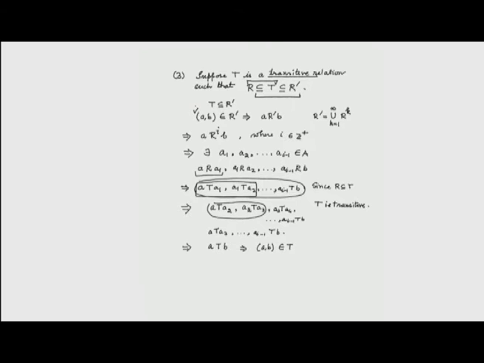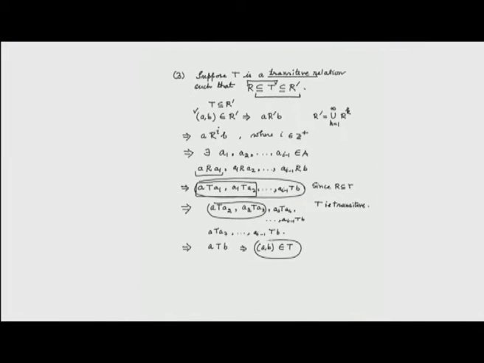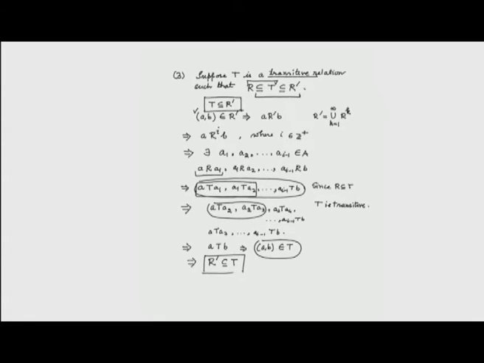Now we check the whole chain of arguments. We started by assuming that the ordered pair (A, B) belongs to R prime, and we end up deriving that the ordered pair (A, B) belongs to T. This means that R prime is a subset of T. Now, we have already observed that T is a subset of R prime, and that is by definition, and we have derived that R prime is a subset of T, all by using the property that T contains R, T is transitive and T is inside R prime.